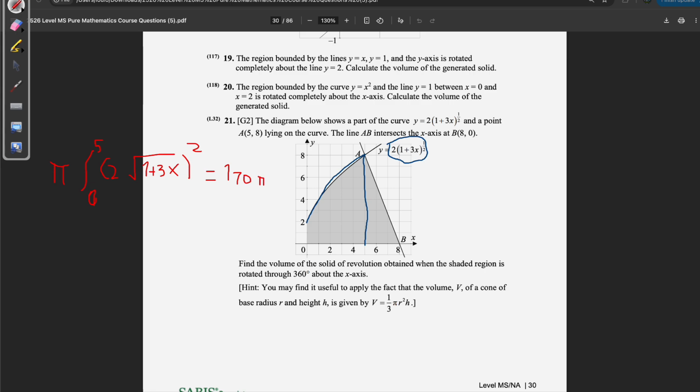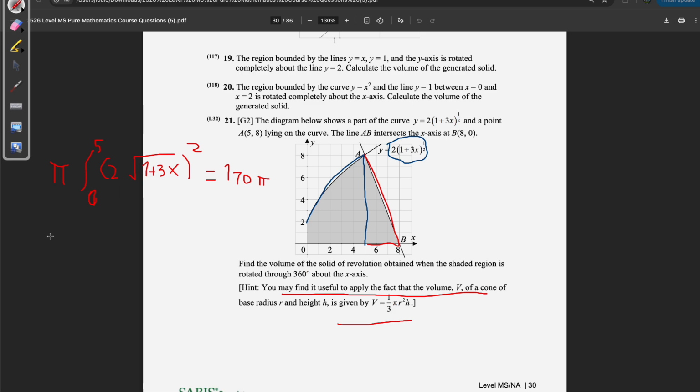But now here we're not done with the entire question. There's still this volume, right? That's why they're talking to us here about the volume of a cone. Whenever we see a line, like area under a line, that's when we have to do the volume of a cone.